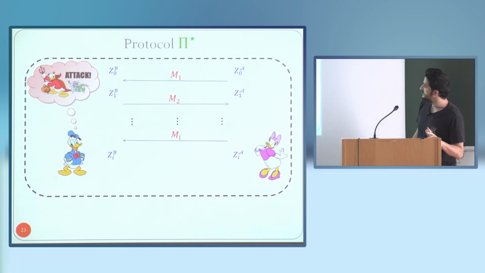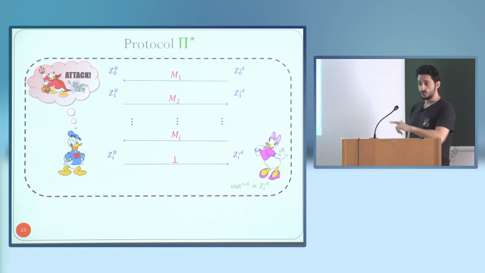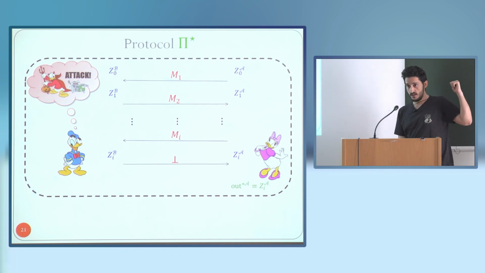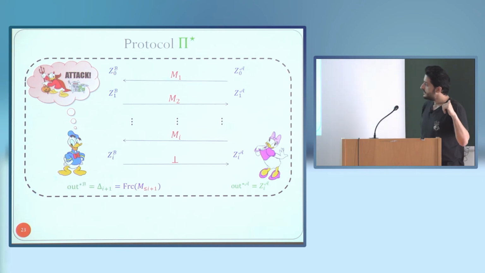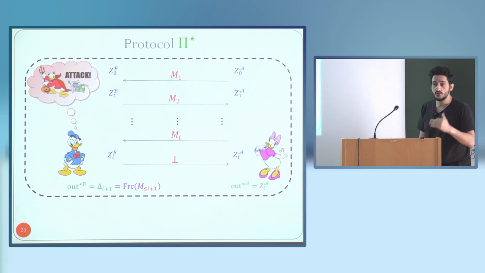At this point, Donald just informs Daisy that we should stop now. Daisy outputs the prescribed backup value from protocol pi, and Donald outputs the output of the forecaster on the partial transcript that includes the message that he was supposed to send according to pi.